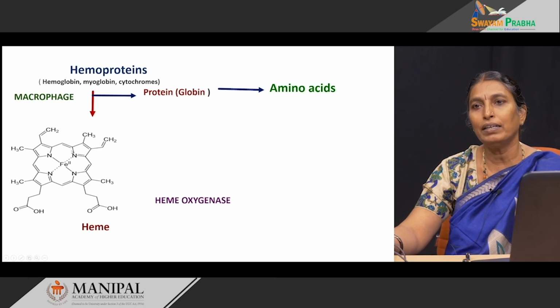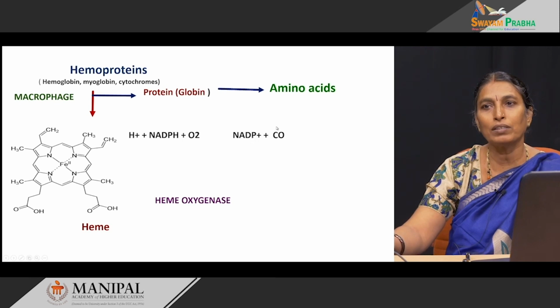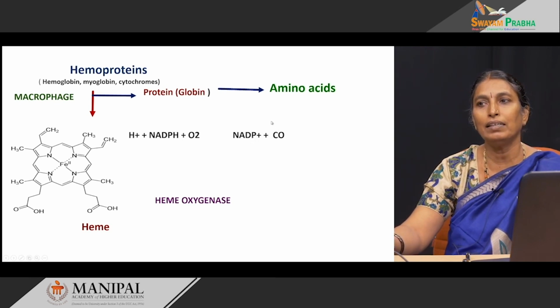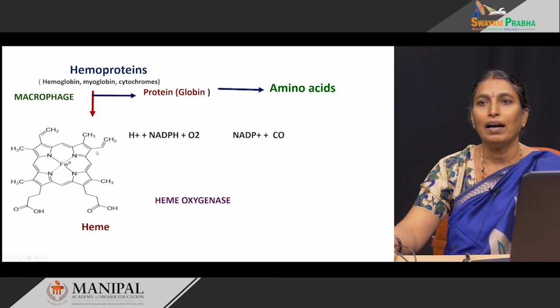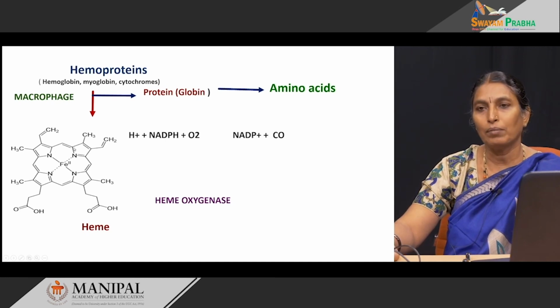So, between 1 and 2, or A and B, this methylene bridge takes NADPH and oxygen and releases NADP and carbon monoxide. This carbon is released as carbon monoxide, and hydrogens and oxygen are added to these two carbons.